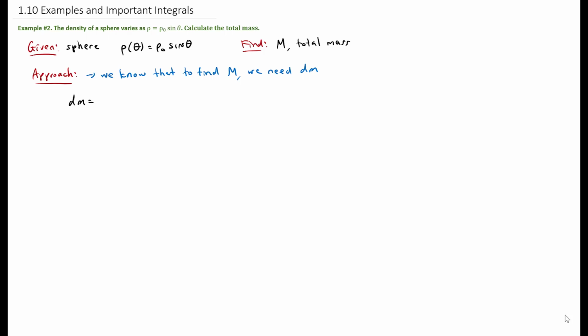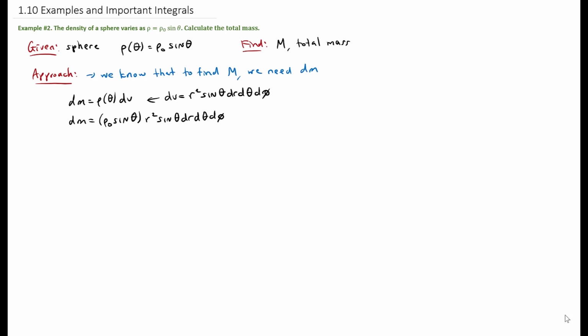From the previous problem, we knew that dm is equal to rho dV, and rho is dependent on theta, so we have to input that as well. Because this is a sphere, we have dV being equal to r squared sine theta dr d theta d phi. That means dm is equal to rho naught sine theta times r squared sine theta dr d theta d phi.